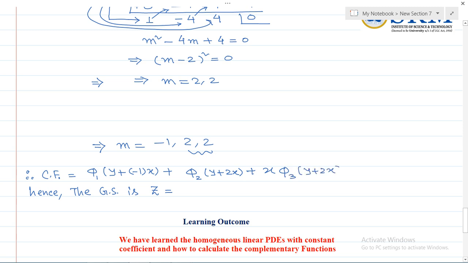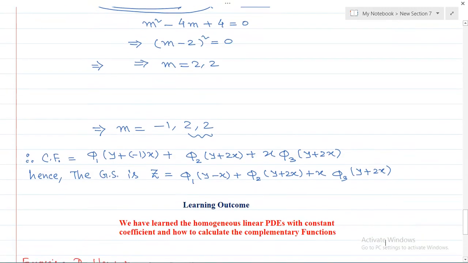That is applying the second rule for the complementary function. So what will be our general solution? z = φ1(y − x) + φ2(y + 2x) + x φ3(y + 2x). So this is the complementary function. Since the right hand side is 0, it is the general solution.